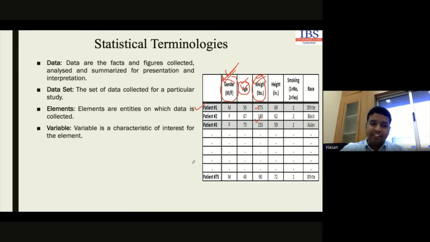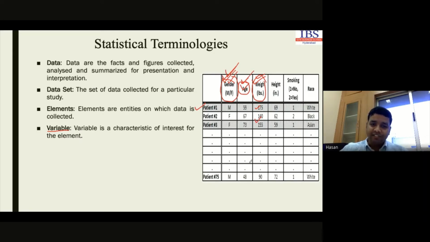Our next one is variable. Variable, as the name itself says, is something whose value is varying. If we consider gender a variable here, patient to patient gender may vary, maybe male, maybe female. Again, age is a variable here, so patient to patient age will be different.